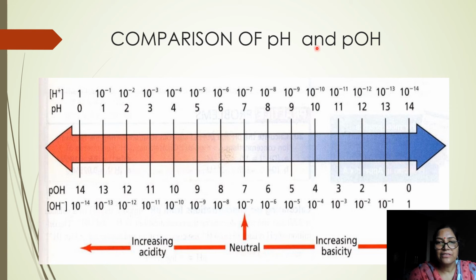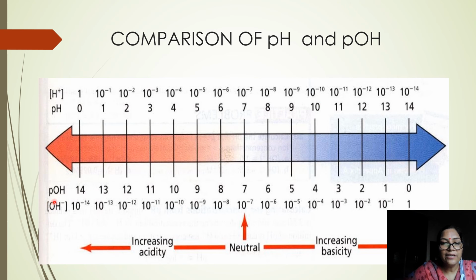This is the comparison of pH and pOH. If the hydrogen ion concentration is from 1 to 10 raised to minus 7, the pH value comes out to be 0 to 7. And if the hydrogen ion concentration is less than the hydroxyl ion concentration, it means the hydroxyl ion concentration is more, and the pH values are greater than 7.